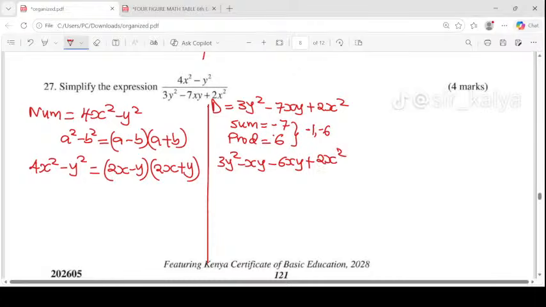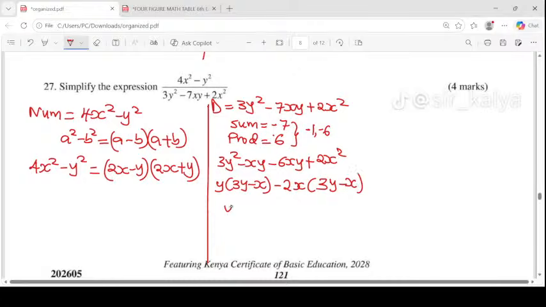This will further evaluate to, when you pair up, y into 3y minus x, then minus 2x, sorry, minus 2x, not 3x, into 3y minus x, that way.